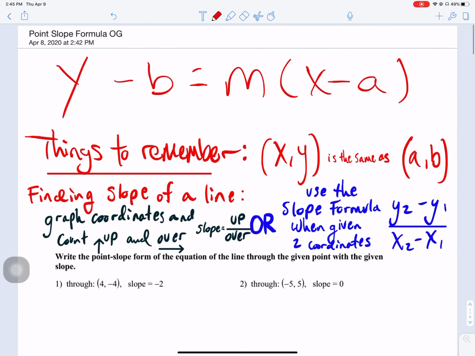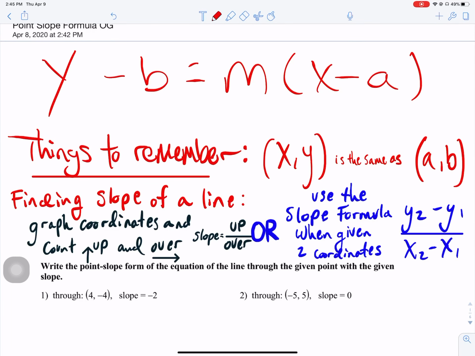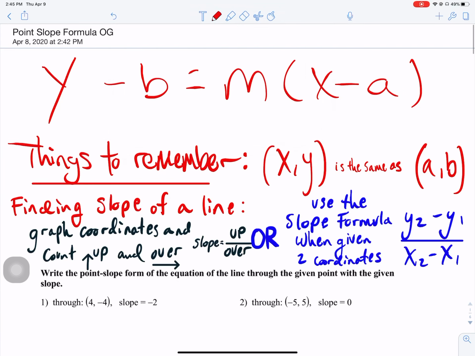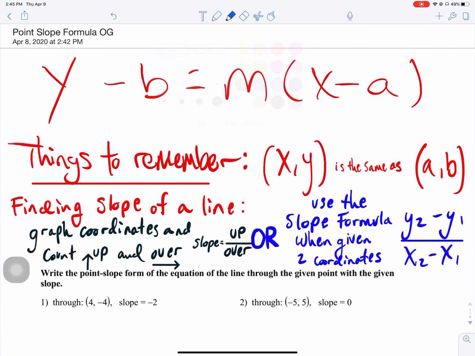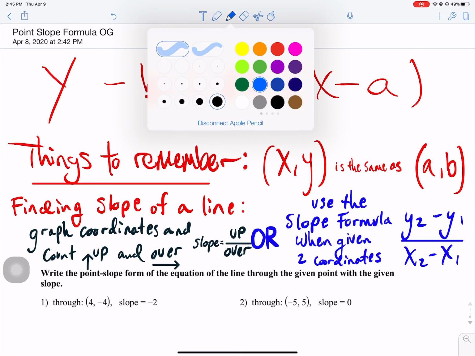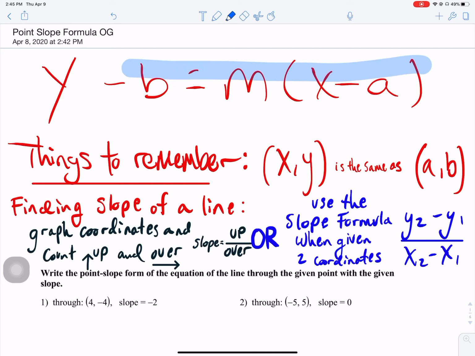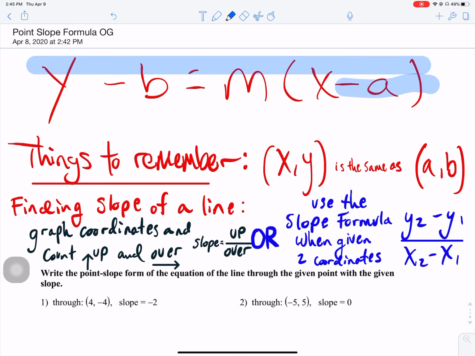So things to remember about slope, the point slope. There's the formula. Point slope formula. Just keep that in mind.